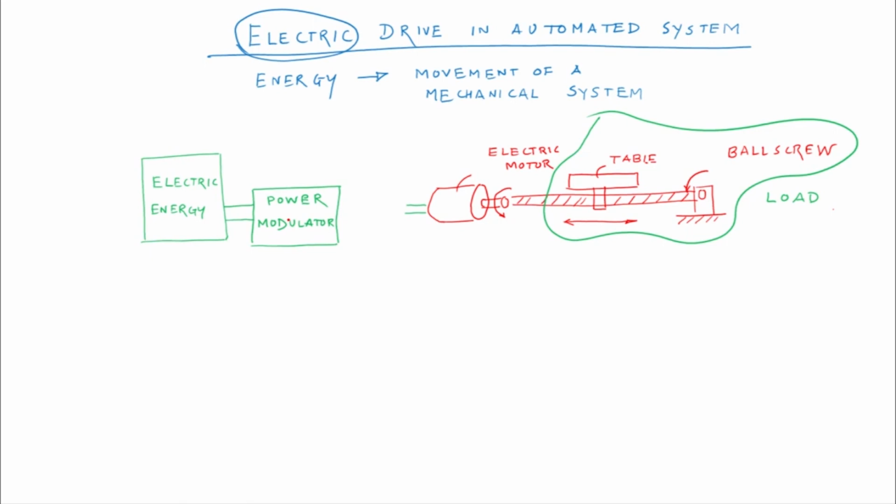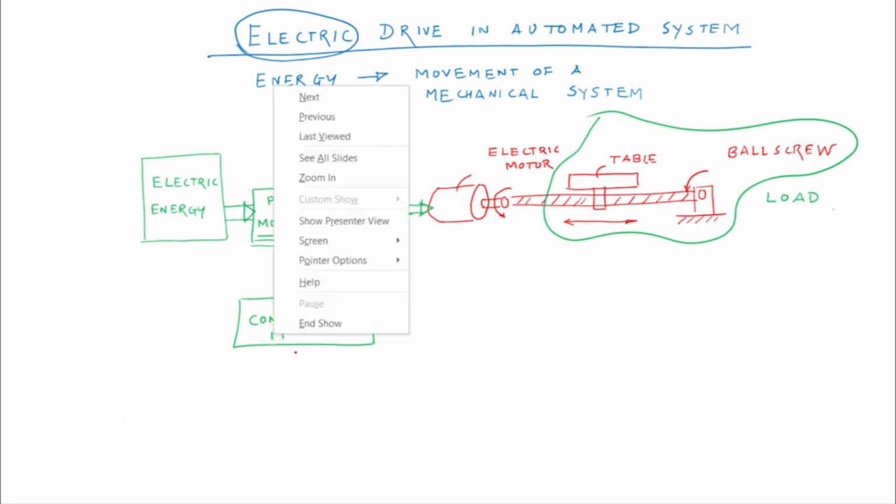We do not require the same amount of power for all the operations. To modulate this power, we should have a controller. The controller, generally in CNC machine tools, we call the machine control unit.